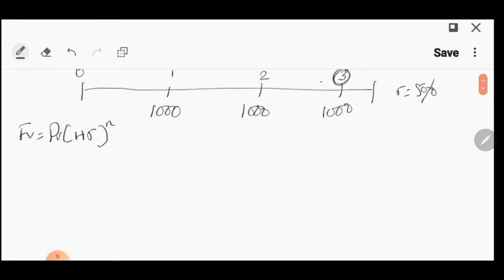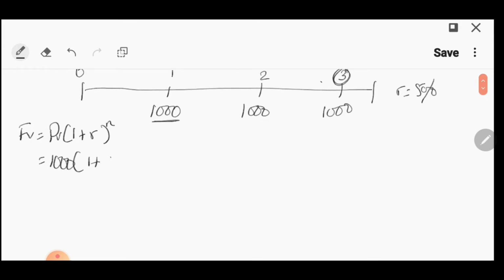Let me make it a bit neat. This is your single cash flow formula, which means that in this formula each cash flow needs to be treated separately. So forget about the other two cash flows right now. Let's just look at the first 1000 cash flow. So the present value is 1000.